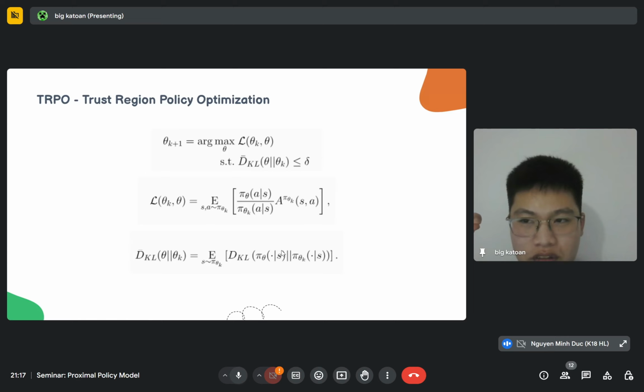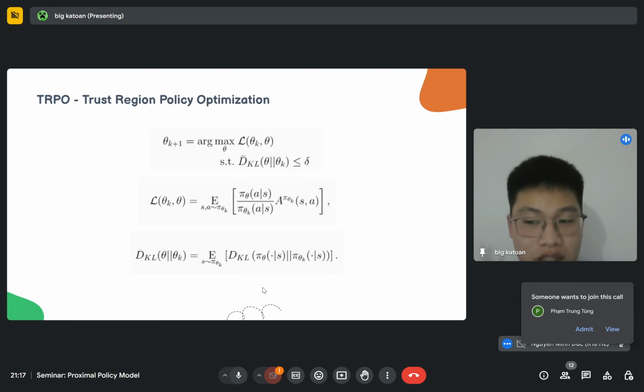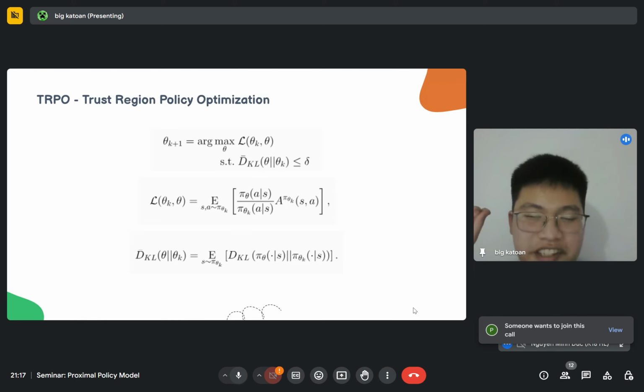But in which state? Theta is the old state, like k minus one. We don't call it k minus one, because in TRPO or PPO we don't use just one model.